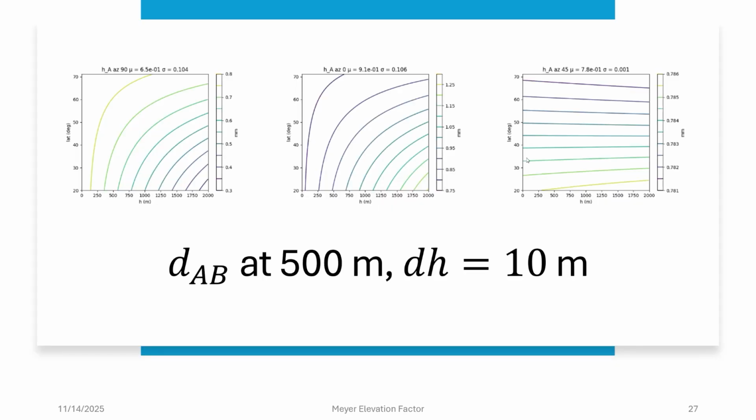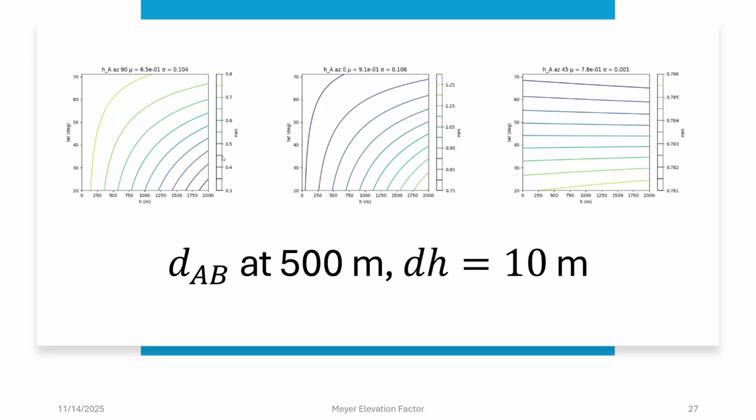So for the common practice of reducing the observed horizontal distances, where's the cutoff? And by that, what I mean is, at what length of baseline will the error achieve about a millimeter or so? So the error contours that you see are with a baseline length of 500 meters, and the forward station is 10 meters higher than the observation station.